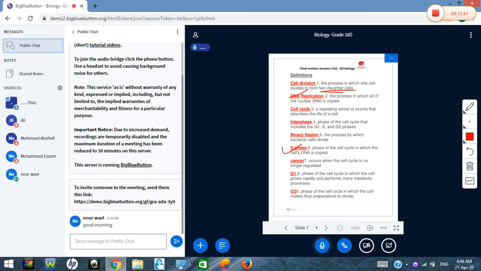Next one, phase of the cell cycle in which the cell grows rapidly and performs many metabolic processes. This phase is G1 of interphase.